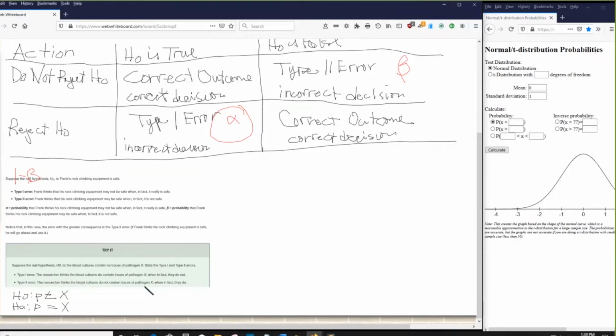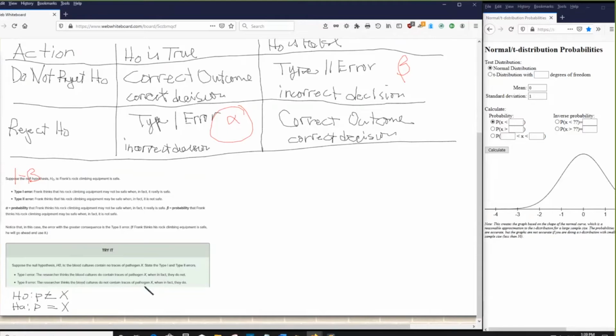If the null hypothesis was false, that the patient doesn't have cancer, the type 2 error would be that we do not reject the null hypothesis and the patient would end up getting treatment for cancer even though he doesn't have cancer.